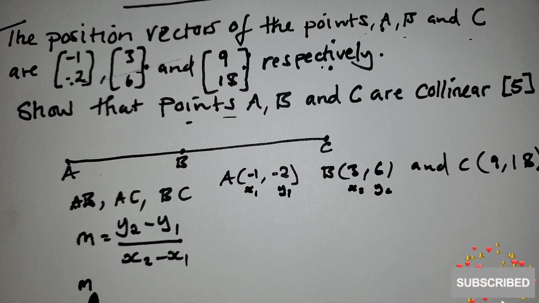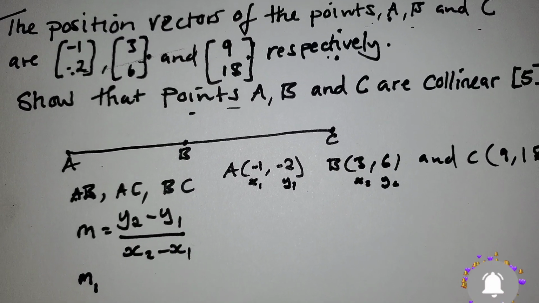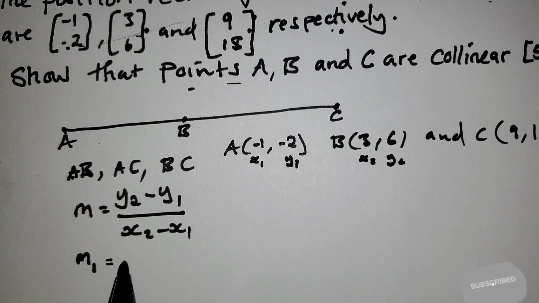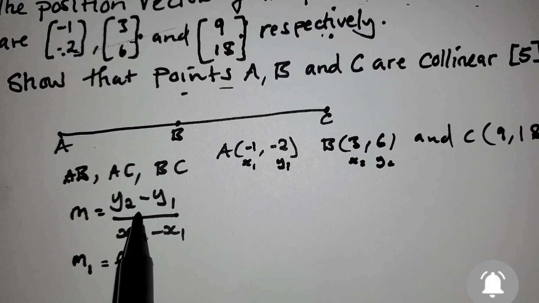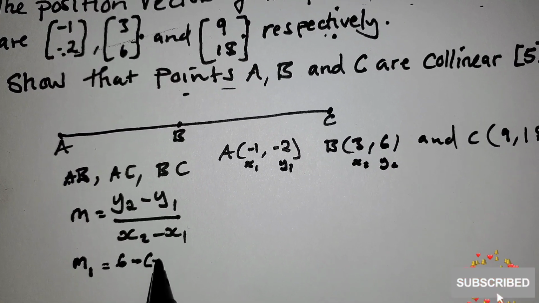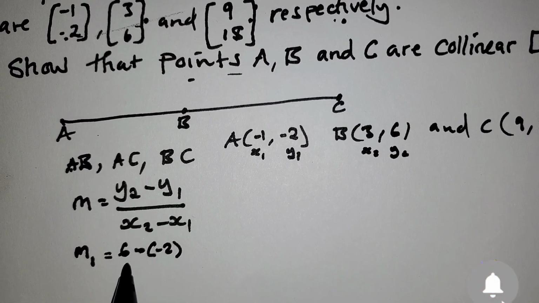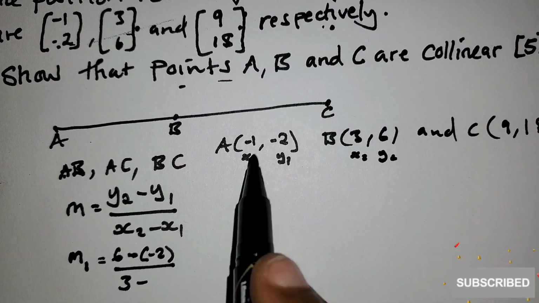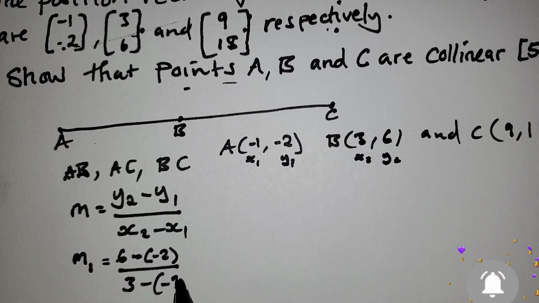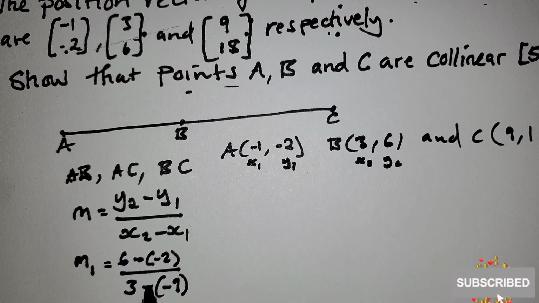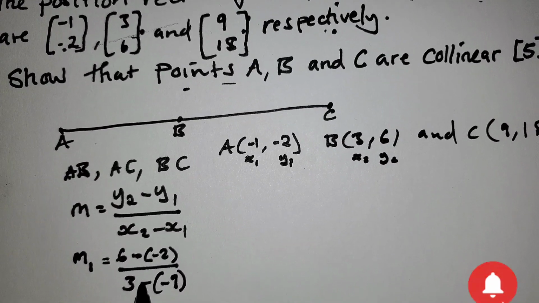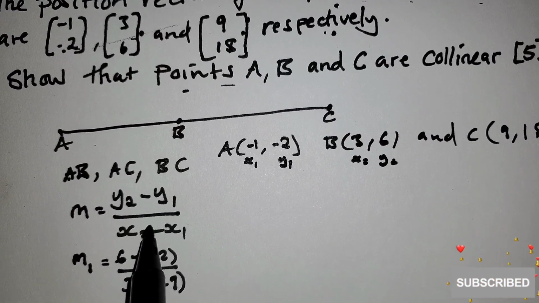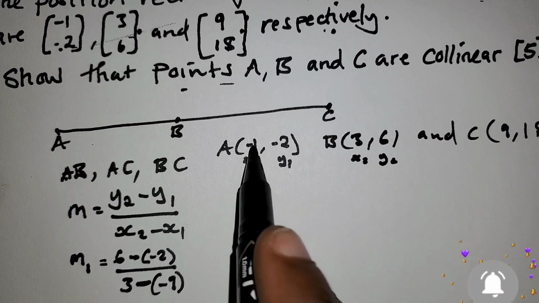Now let's find the gradient. Let's call this one gradient 1. Where there is y2, we substitute 6, minus y1, which is -2 in brackets, over x2, which is 3, minus x1, which is -1. Don't substitute -1 without brackets, because it will be wrong. This negative is already in the formula, and then this -1 is the one which is here.